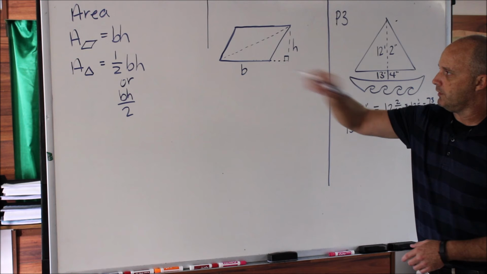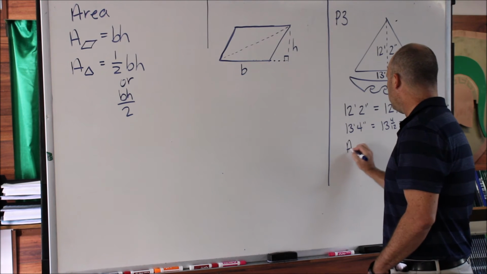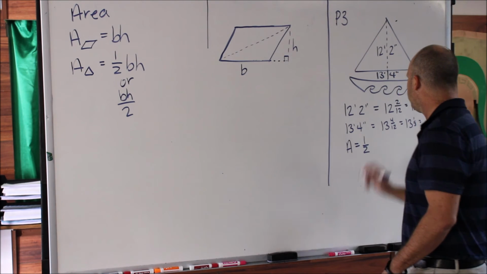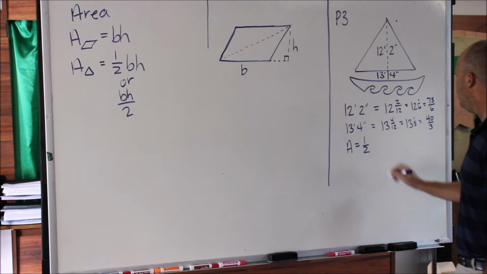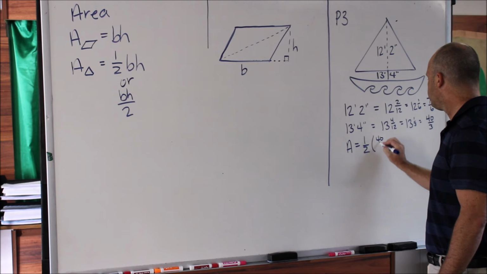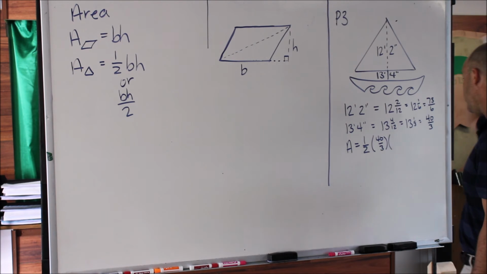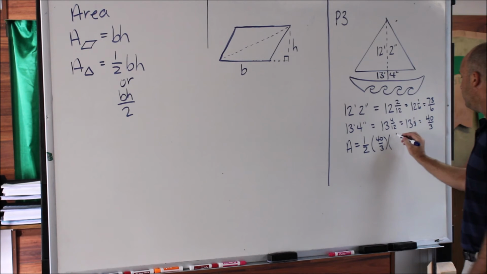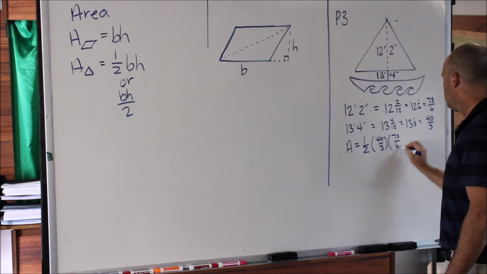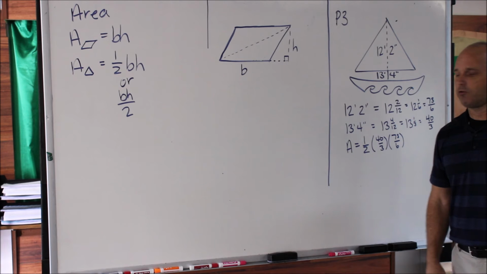So what we're going to use is our area of a triangle is equal to 1/2 times the base, and the base is 40 over 3, times the height, and the height is 73 over 6. So now I'm going to go ahead and do some cross-reducing.